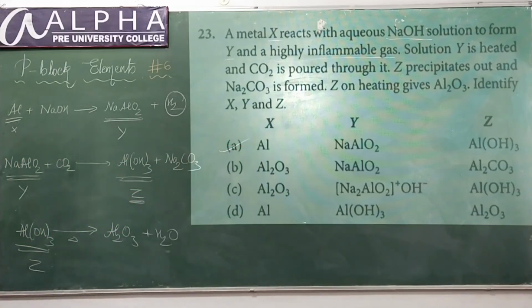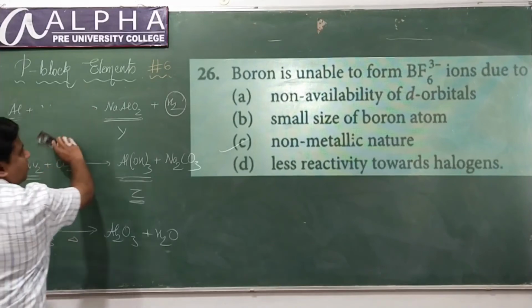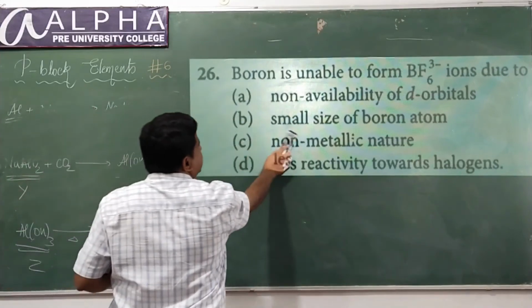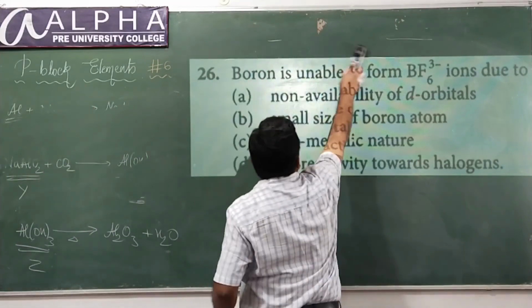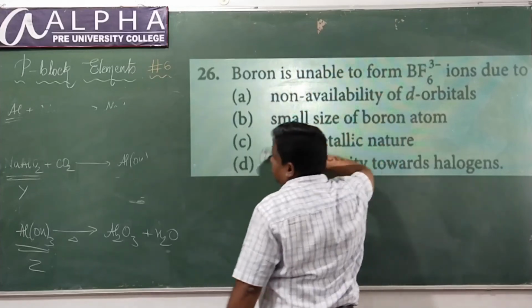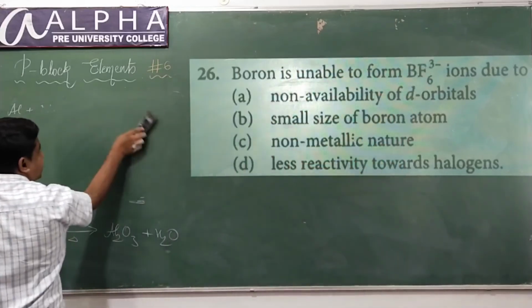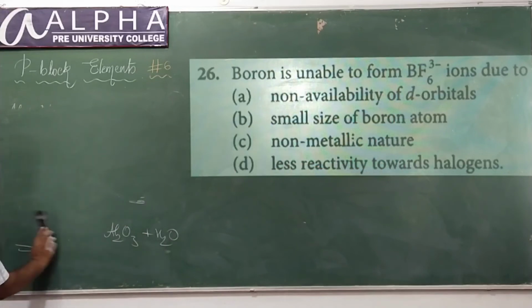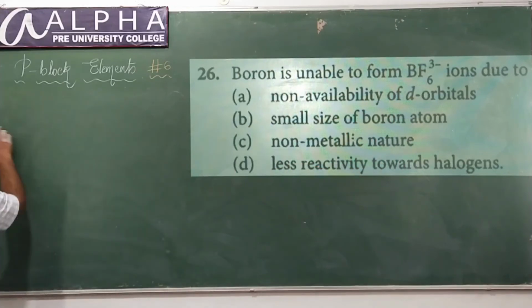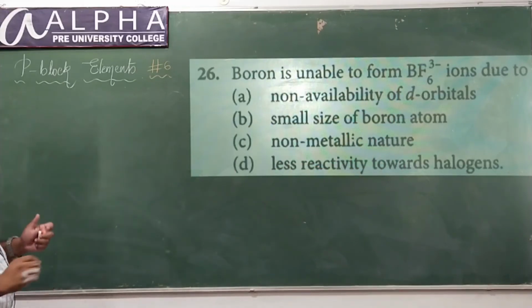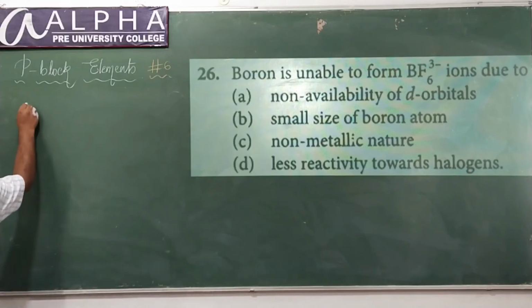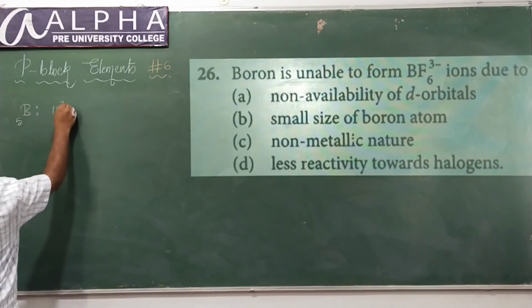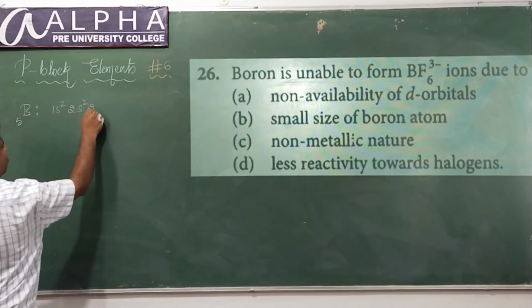Okay, next question. Boron is unable to form boron hexafluoride. Why? Observe, what is the electronic configuration of boron? The atomic number of boron is 5. What is its electronic configuration? 1s2, 2s2, 2p1.